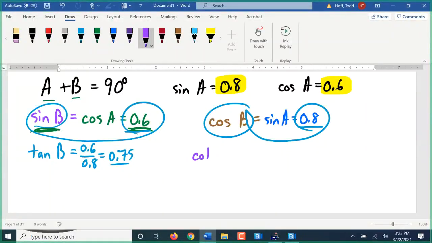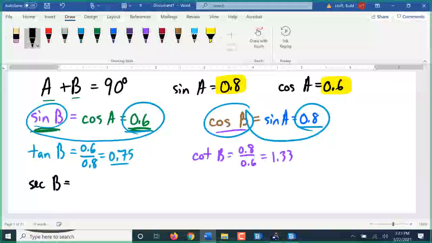Cotangent of B. Cosine over sine, right? That one's 0.8 over 0.6. That's the 1.33. How about the secant of B?